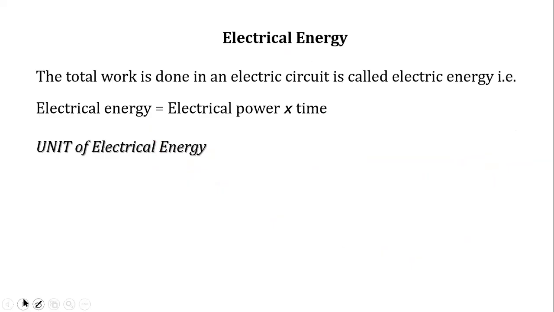The definition is that the total work done in an electric circuit is called electric energy, and I can write electrical energy is equal to electrical power into the time for which that power is flowing through the given circuit. As long as the voltage is there, the circuit is giving some output. For example, you can imagine a ceiling fan. When you turn on the switch, it starts rotating.